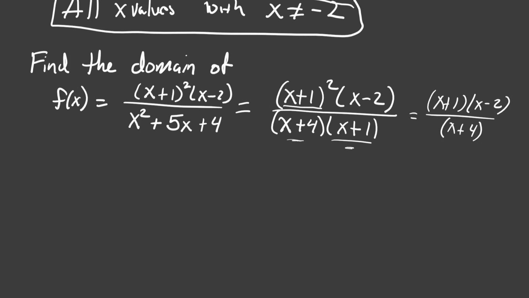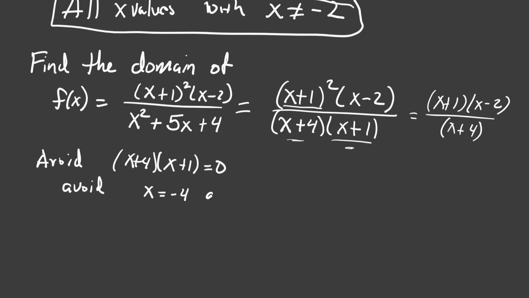It's still bad. So we want to avoid x plus 4 times x plus 1 equal to 0. So we'll avoid x equal to minus 4, and we'll avoid x equal to minus 1.